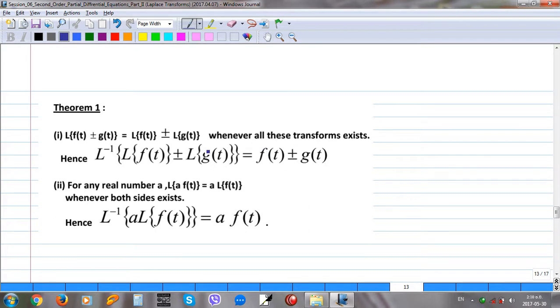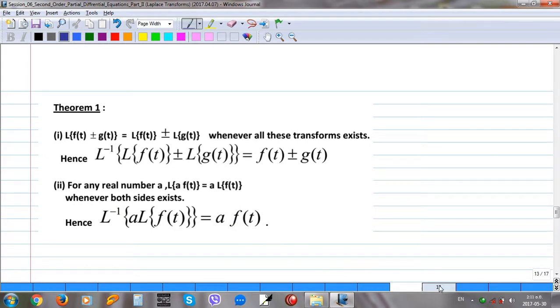That is the first rule of the theorem. And for any real number a, L{a f(t)}, if it is a real number, you can take it out of the Laplace transform, whenever both sides exist. If we take L inverse, we can also write it in this way.